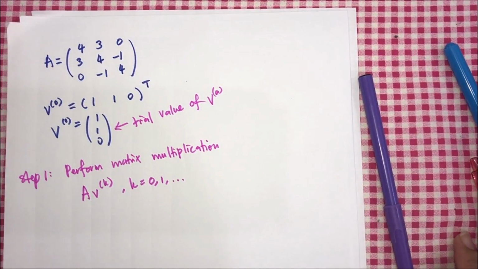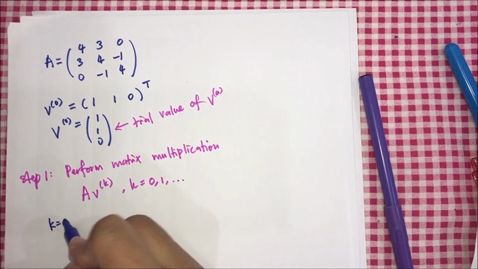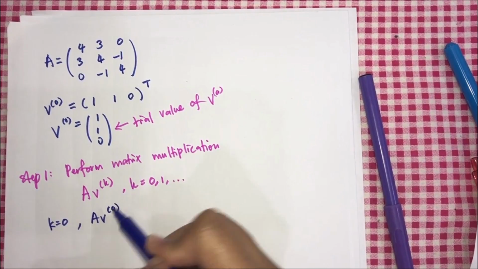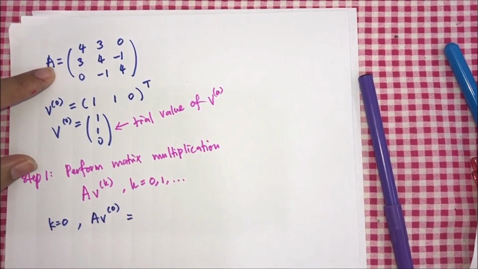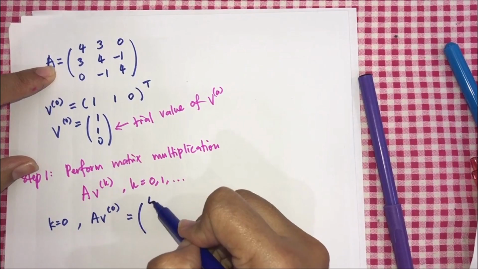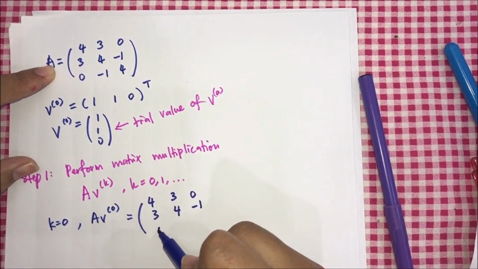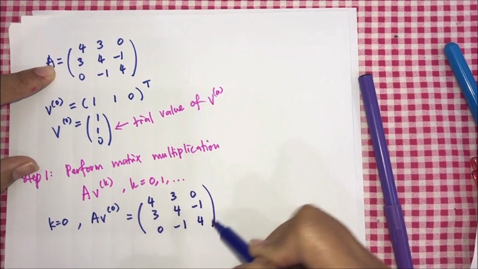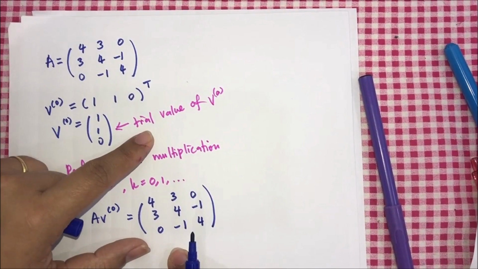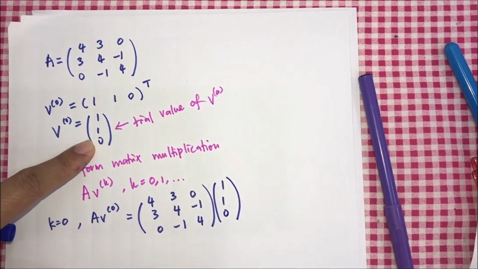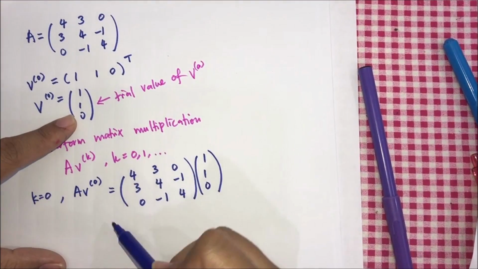So for k equal to 0, A times V0 equals matrix A times the trial value of V0, which is (1, 1, 0). Just multiply it.